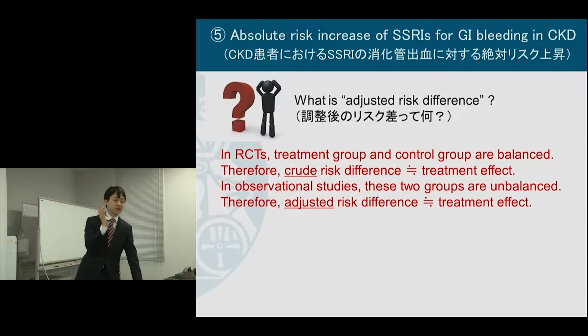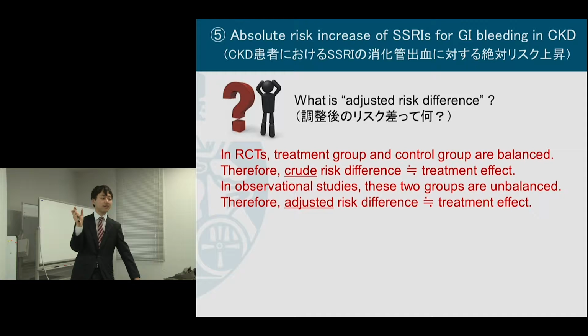because when we usually do statistical analysis or adjusted analysis, it's logistic regression analysis or Poisson or Cox regression analysis to estimate relative risk. But what is risk difference adjusted for confounding factors? After learning for a while, I understood that in RCTs, the treatment group and control group are well balanced because of randomization.